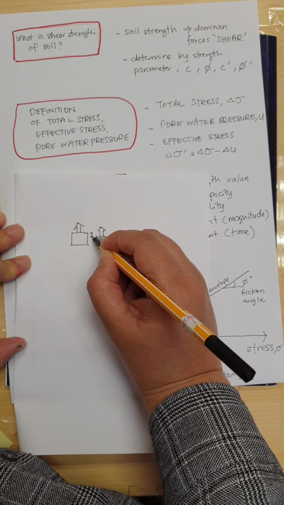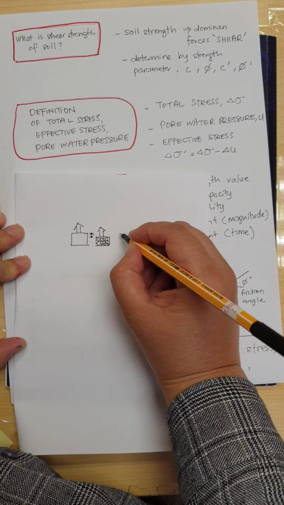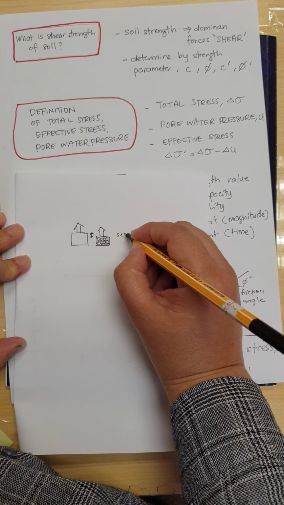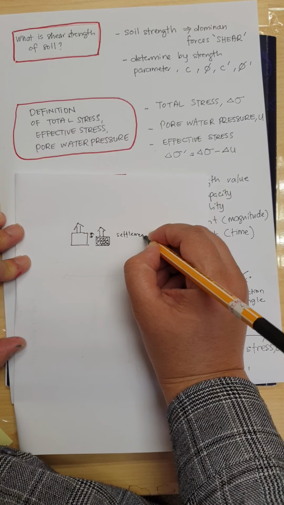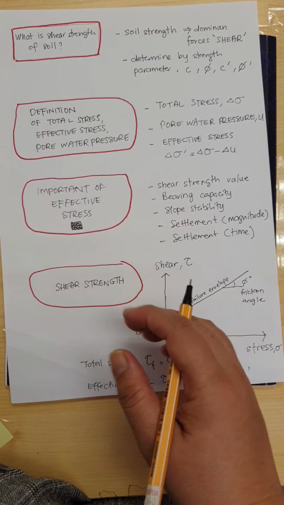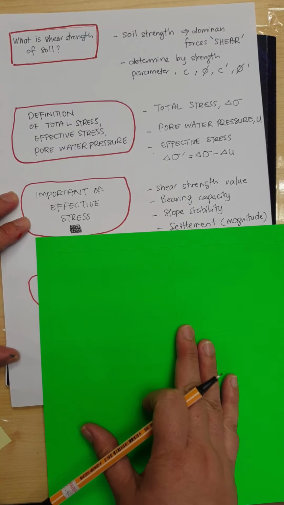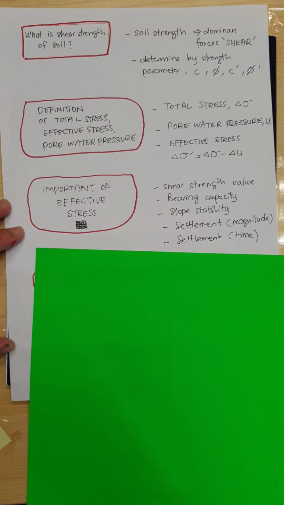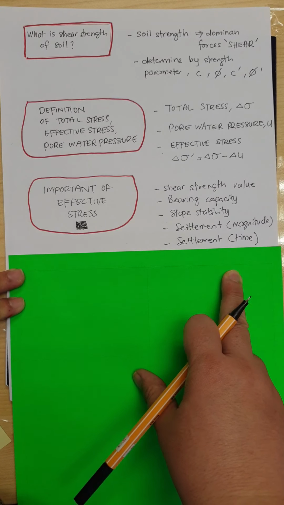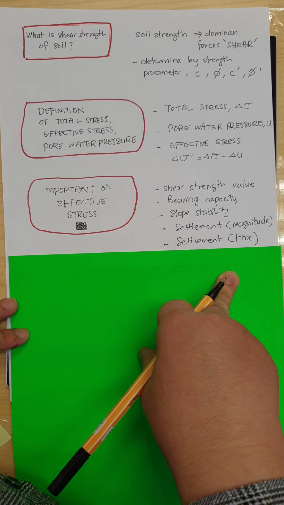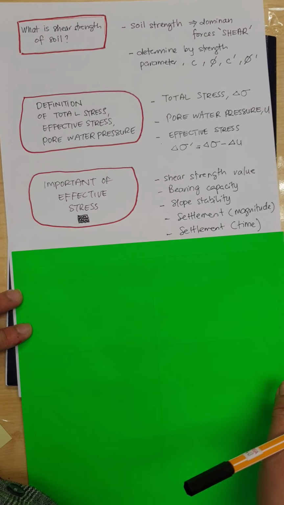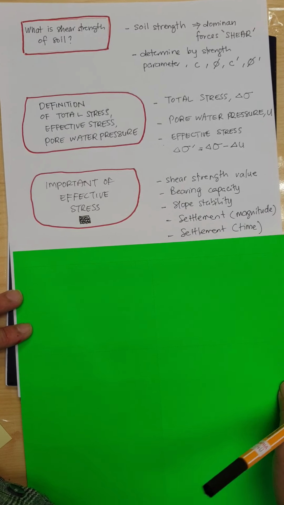So this measurement, from this point to this point, we call settlement, or in Malay we call it mendapan. That is settlement, and then we can know the value of settlement. And of course, in terms of settlement calculation, we can also calculate how much time it takes for the settlement to occur and when it ends. So we can forecast when the settlement will end.